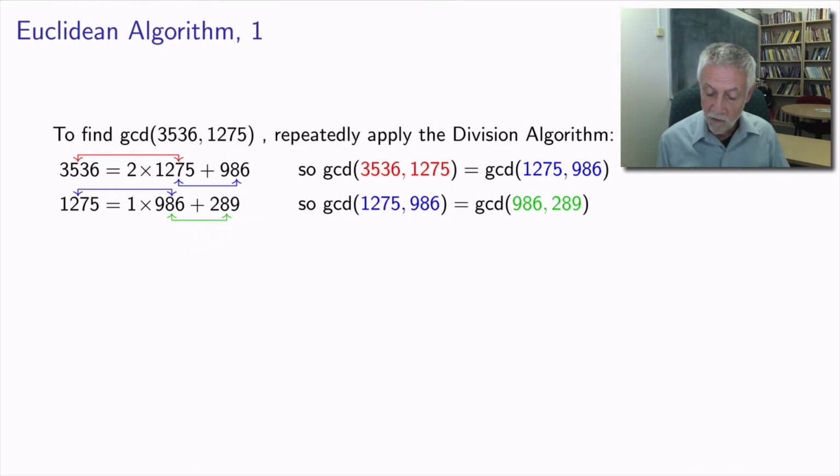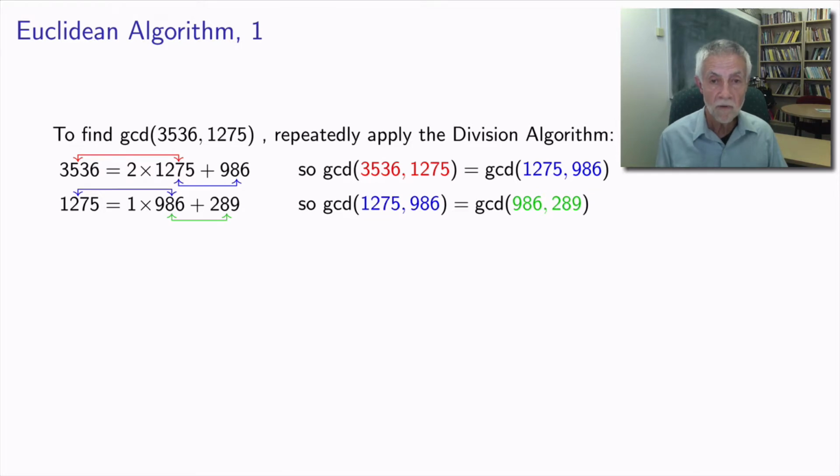By exactly the same argument as before, the greatest common divisor of these two is the same as that of those two. Once again, we've got a smaller pair of numbers.